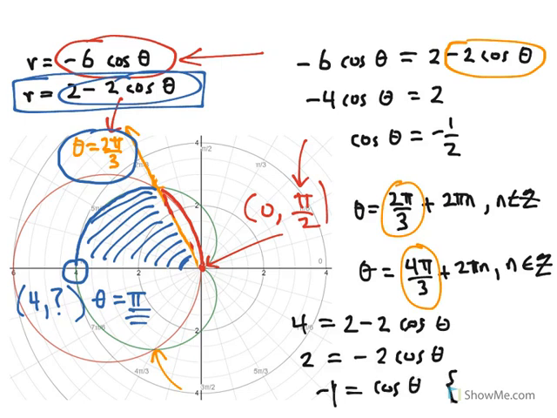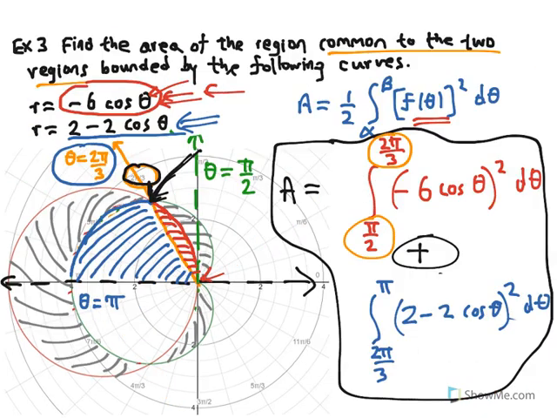And of course, the solutions of this equation are theta equals pi, since cosine of pi is negative 1, plus 2 pi n, where n is an integer. If you choose n to be 0, you get pi. And that is, of course, the upper limit of integration for the blue integral. The lower limit of integration for the blue integral is 2 pi over 3, and the upper limit of integration for the blue integral is pi.